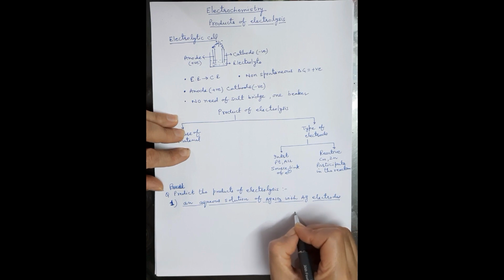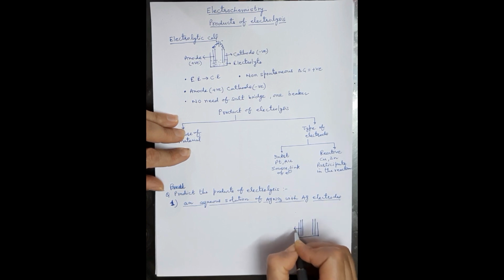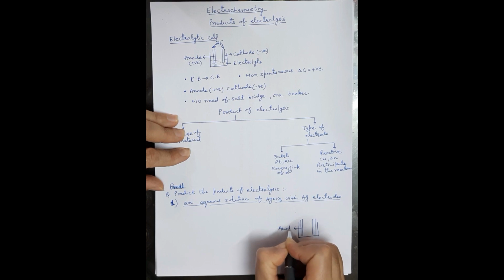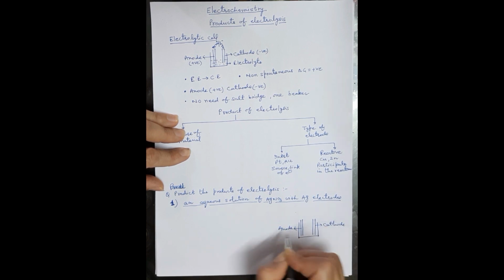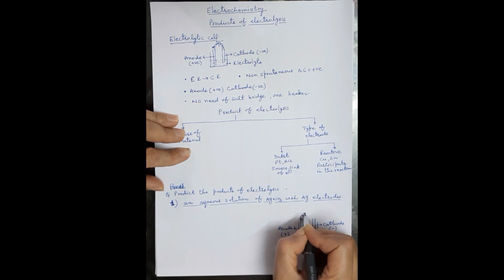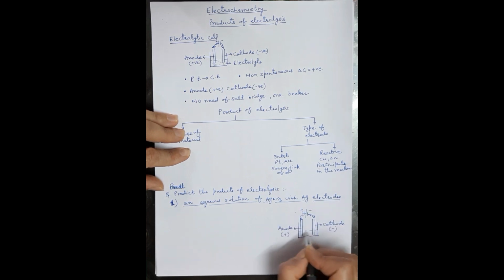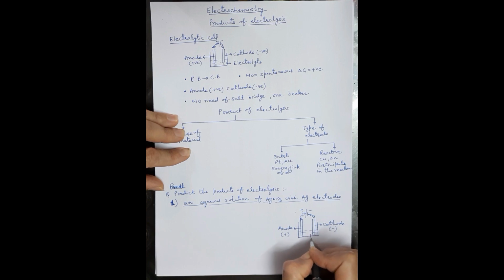Let me draw the diagram. If you have a container in which there are two silver electrodes, one is acting as the anode and the other is acting as the cathode. The anode is positively charged, the cathode is negatively charged. It is connected through a battery, positive and negative, and the electrolyte is an aqueous solution of silver nitrate. So it is AgNO3.